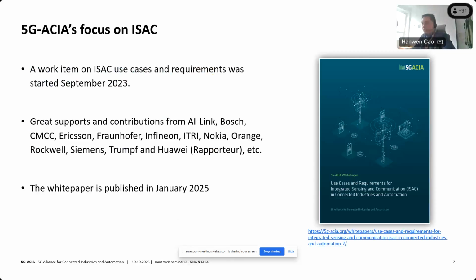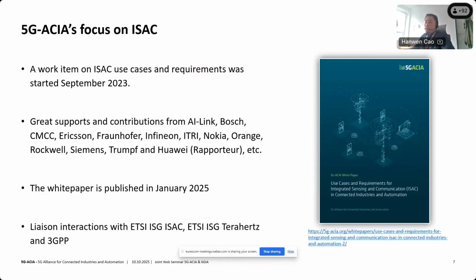The white paper has already been published at the beginning of this year and is openly available for download. If you're interested, you can go to the 5G-ACIA website and you will find this use case white paper very easily. In between, we also have some active liaison interactions with ETSI ISG ISAC, ISG terahertz, and also 3GPP.